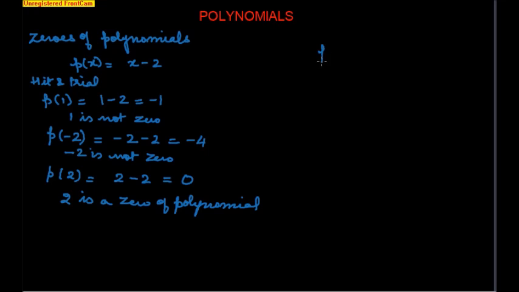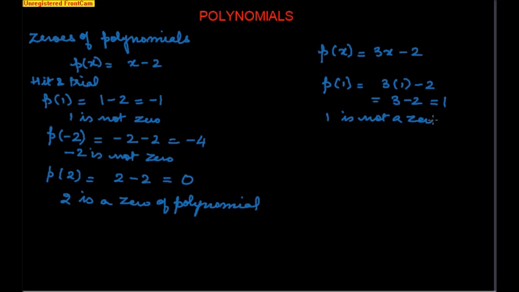Let us take another example. If I have p(x) as 3x minus 2, I put x as 1. The answer is 3 minus 2 equal to 1, which shows that 1 is not a zero. I take x as 1 by 2. Yes, we can take the values to be fractions as well. I put 1 by 2 and I get 3 by 2 minus 2.